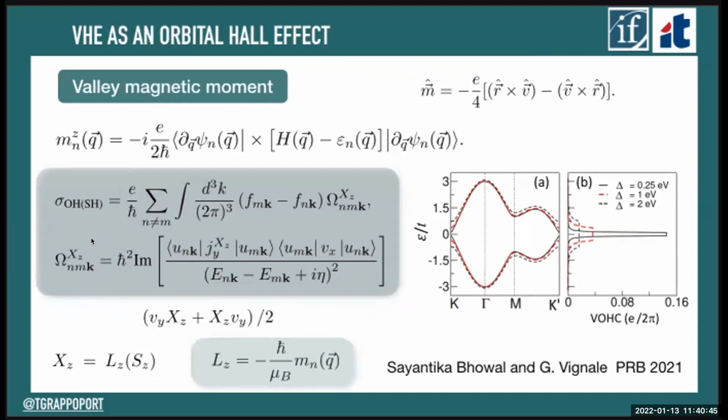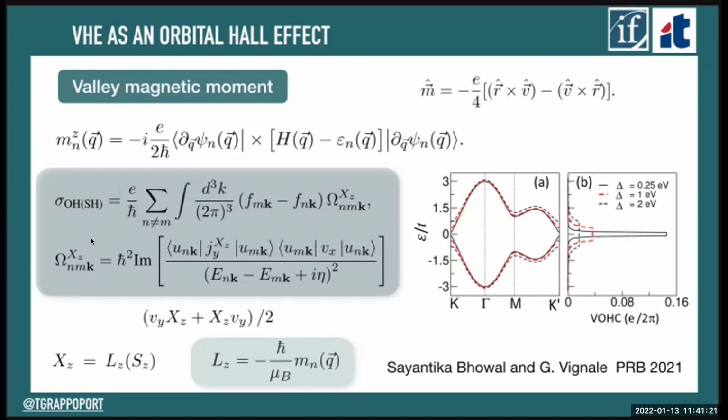I was quite bothered by a small detail when I was working with the orbital Hall effect: we are using the atomic orbital contribution to the orbital angular momentum, but we know that the modern theory of magnetism shows that there is a contribution from the band, which is quite important in 2D materials exactly because of the valleys. And we know that, for example, in twisted bilayers, there is a huge valley magnetic moment, right? So this valley magnetic moment is an important contribution.